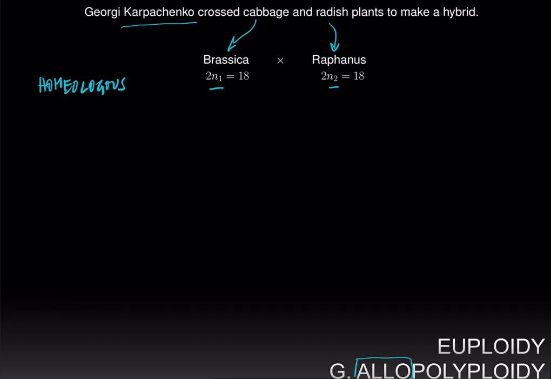And when you cross them, the gametes of a Brassica have n1 chromosomes, which is 9, and the gametes of Raphanus also have n2 chromosomes, so that when these two are crossed, the progeny has n1 plus n2 equals 18 chromosomes.